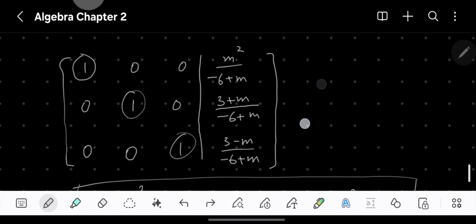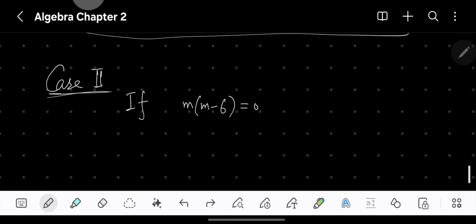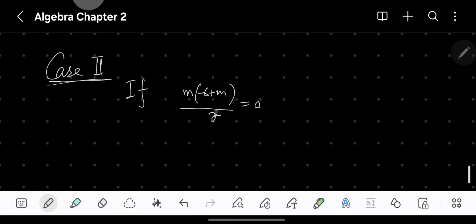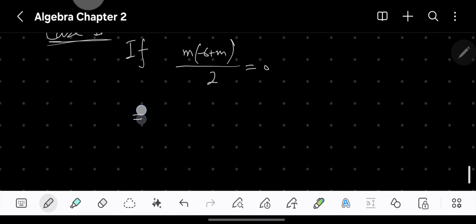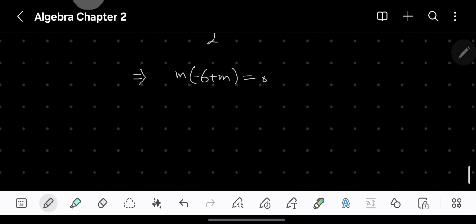I should write minus 6 plus m, sorry, minus 6 plus m by 2. If this is 0, what will happen then? This means m times minus 6 plus m is 0. And now we get two cases.